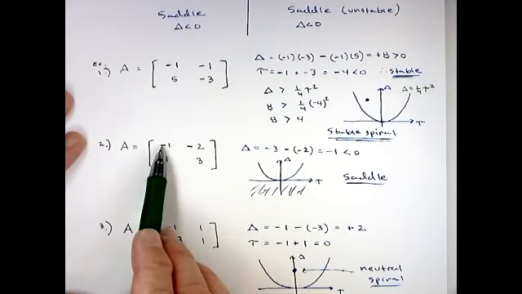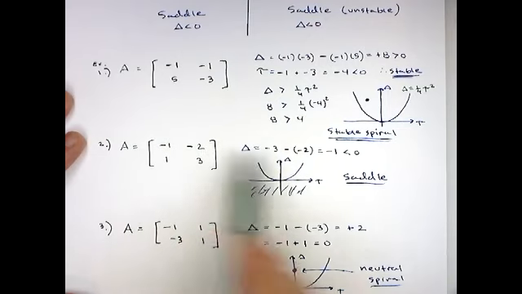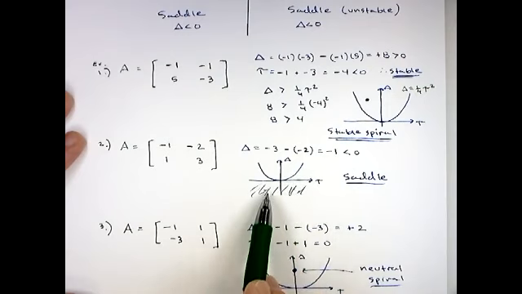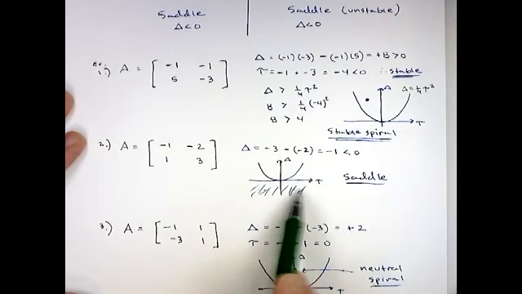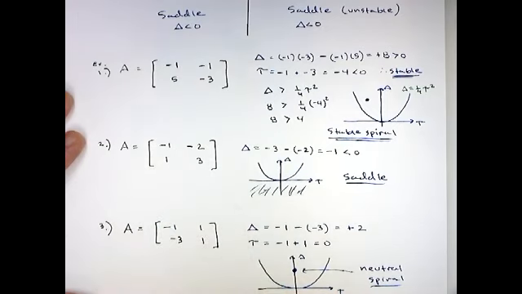Quick determinant calculation, -3 minus -2 gives me a determinant of -1, and it's over. I can already tell this has to be a saddle, because if the determinant is negative, it puts me in either one of these regions. It's going to be a saddle either way. So that's really fast, right? It would take a lot longer to do the minus lambda and do the whole quadratic formula.